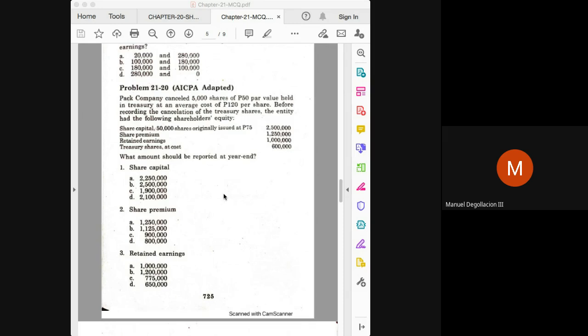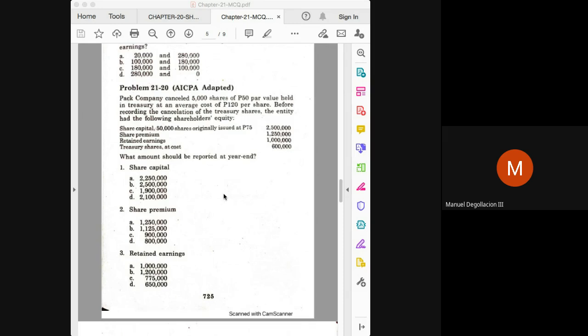Our share capital, instead of 2,500,000, will be 2,250,000, reduced by the 250,000 par value of the 5,000 canceled treasury shares. Our share premium was 1,250,000, but it will be reduced by 125,000, representing the share premium of the 5,000 canceled treasury shares.